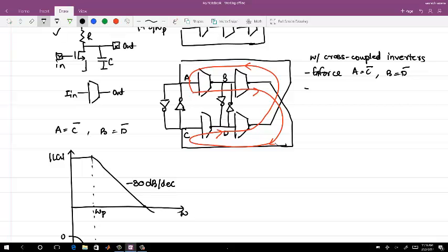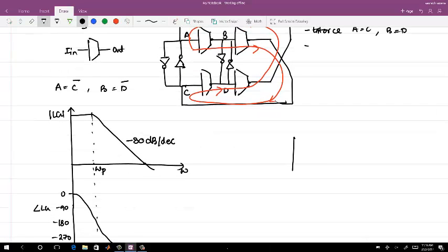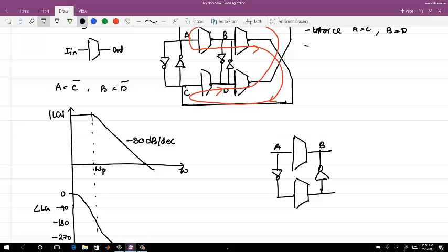So if you just look at one block, let me just plot the one. This is A, this is B, right? Now I'm just drawing it such that, if I want to write a transfer function from VB to VA, earlier it was only this old transfer function.